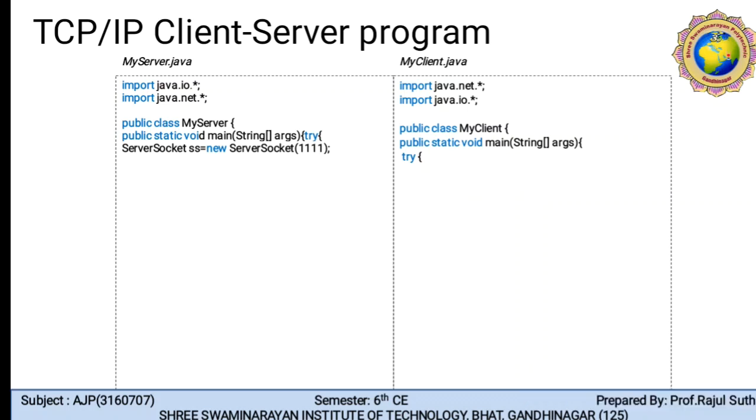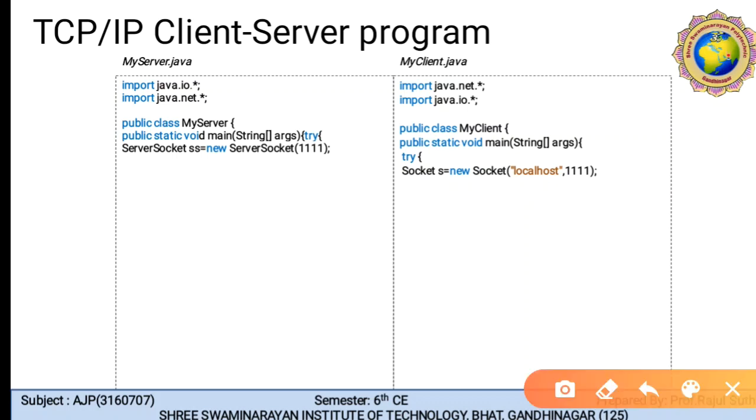So in this section, Socket s is equal to new Socket("localhost", 111), where localhost is the IP address or DNS, and 111 is the port number. Remember this: at the server side we require only the port number, while at the client side we require the port number and the IP address. Both are required.